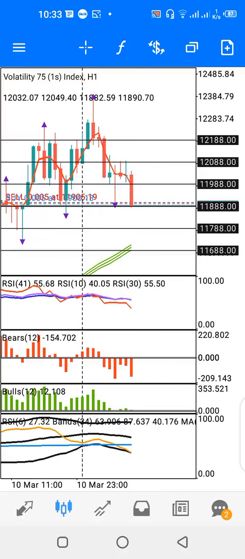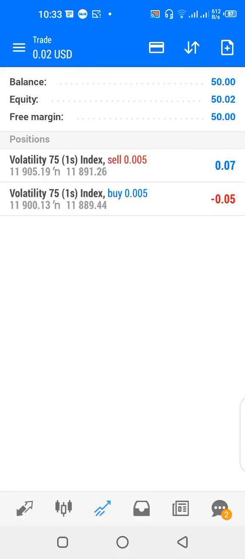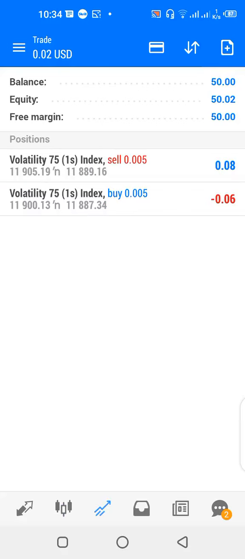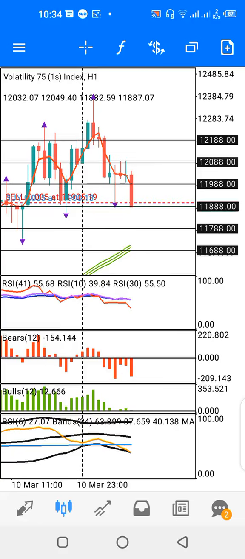So we are using the ultra evasive Grail Hedge strategy. The ultra evasive Grail Hedge strategy involves you setting the same lot size, buy and sell at the same time, at the same point. Okay, could be pending orders, it could be instant execution. What I've just done is instant trade execution for the purpose of this video.